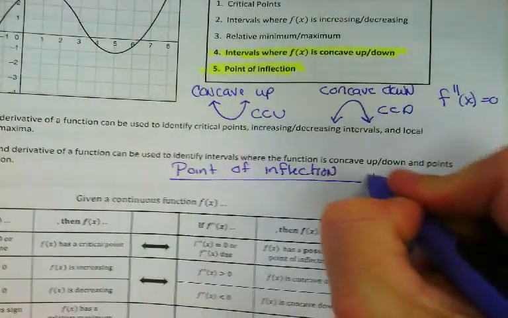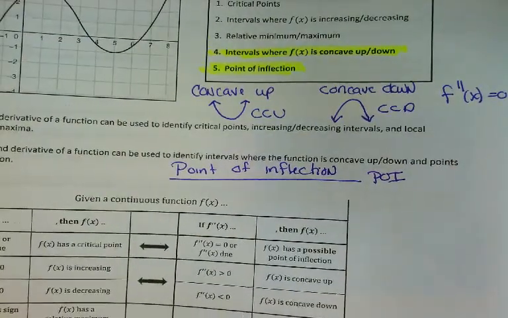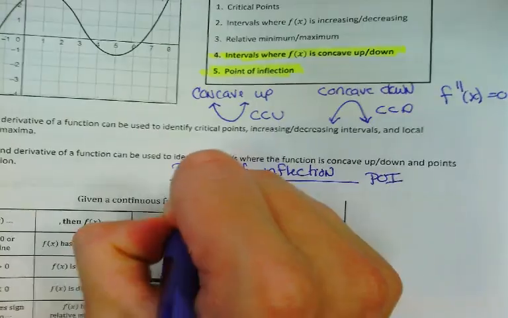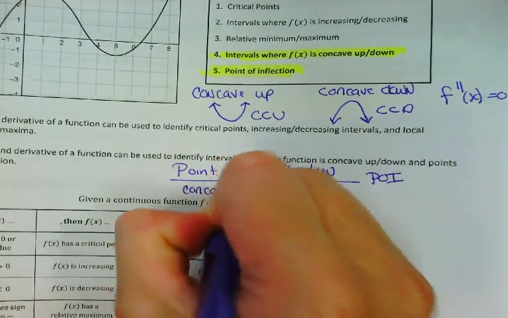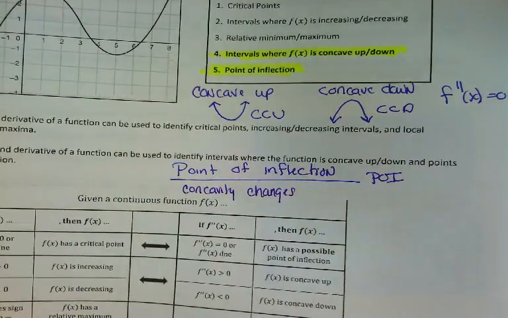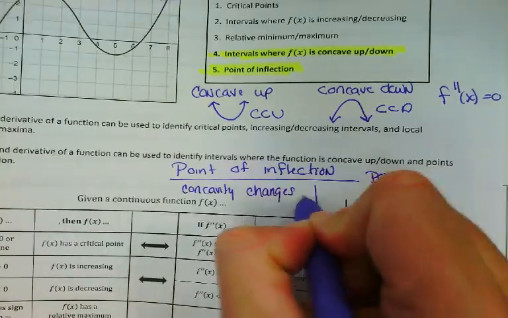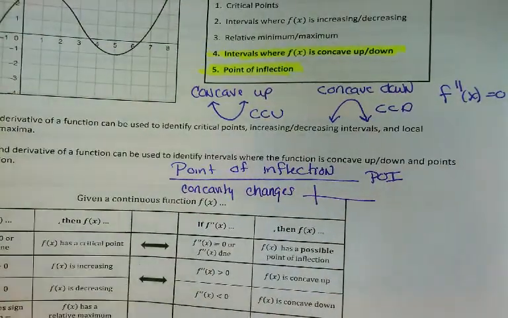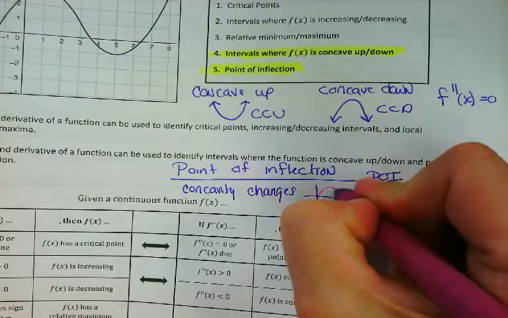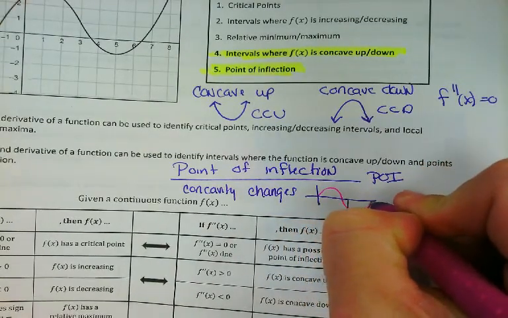You can abbreviate that a POI if you want, a point of inflection. A point of inflection is where the concavity changes. For example, if I draw the sine curve, it starts off concave down, and then someplace in here it switches to concave up.